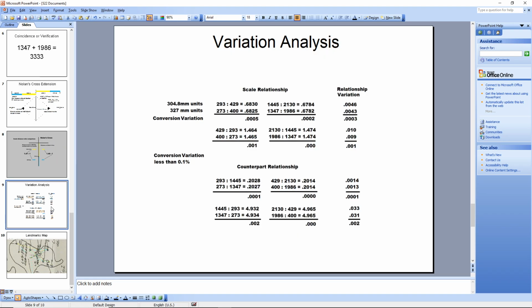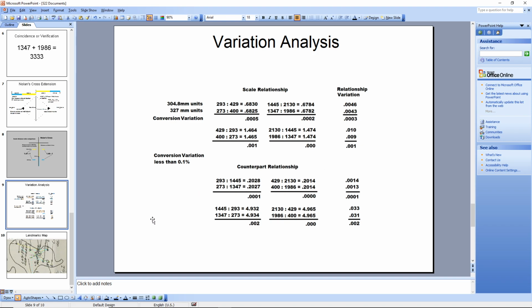All right, and here's the analysis that I did. I took the ratios of all the different ways. This is a one-to-one scale relationship. The 429 to the 293, and then the 445 to the, and I also did it in French units. This is the error, the conversion error. If you guys that are sort of nerdy about this, like I am, you can look at this, and I'm not going to go on and talk about it.